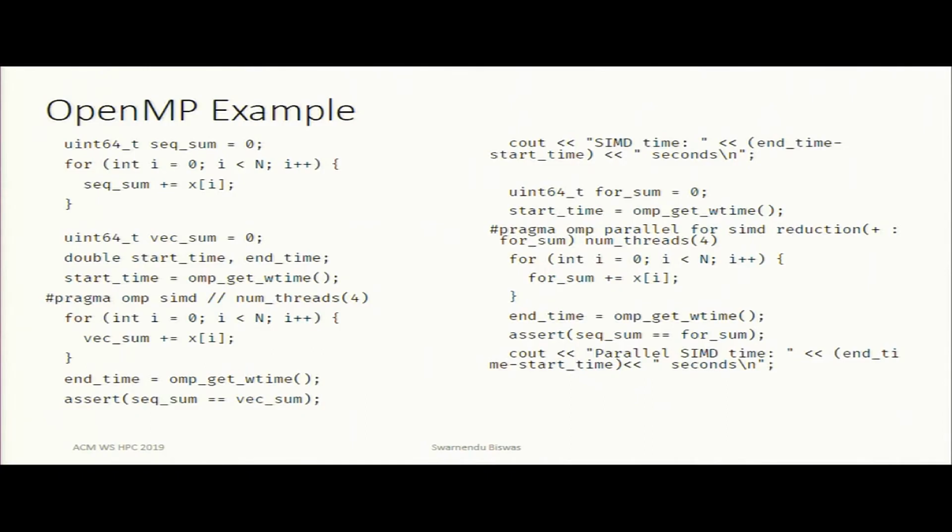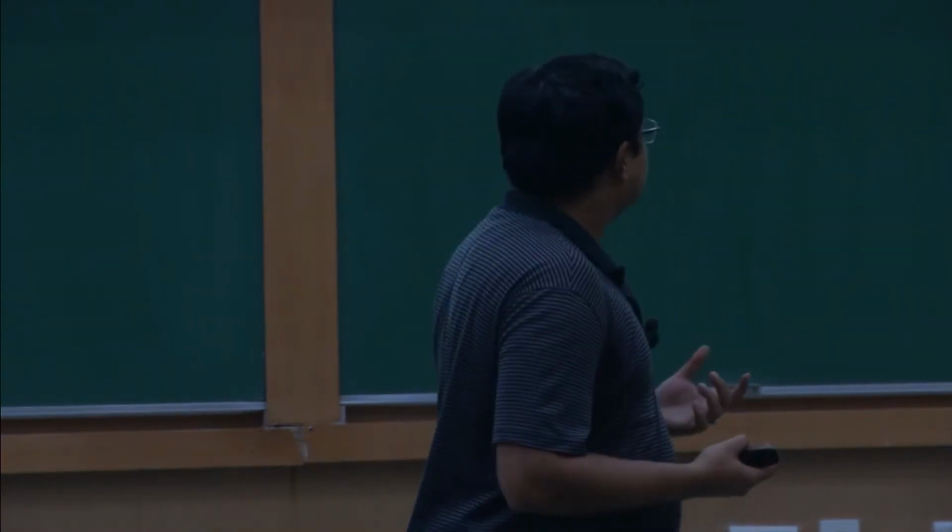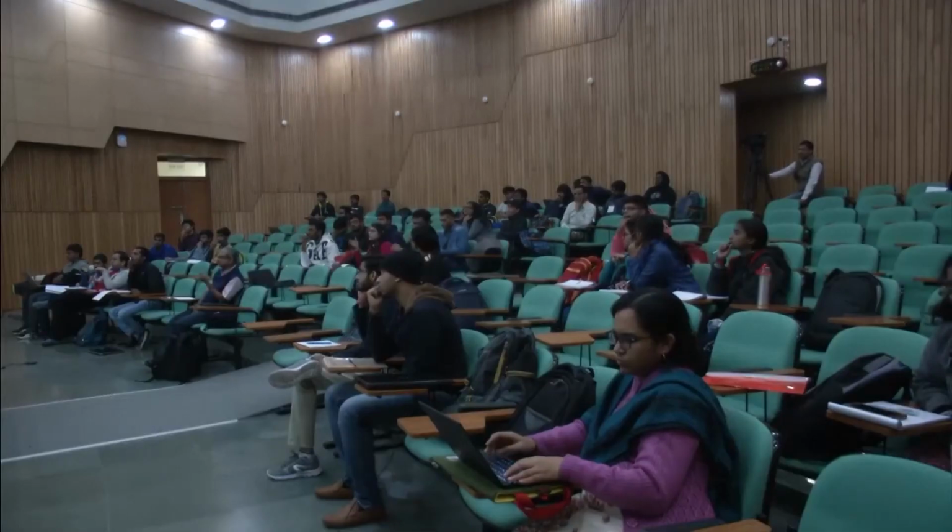And then over here, I'm actually using #pragma omp parallel for simd. So I'm trying to use work sharing as well as SIMD support. So in this case, what is going to happen? Can anyone explain? Okay, yes, 4 threads.